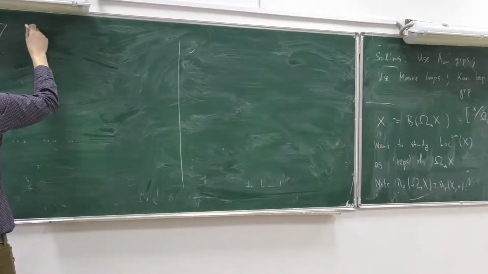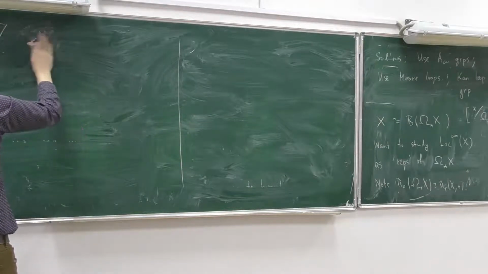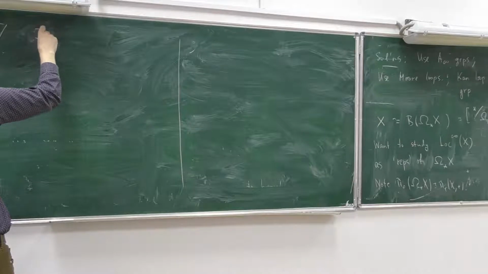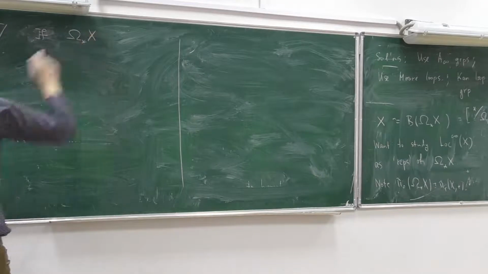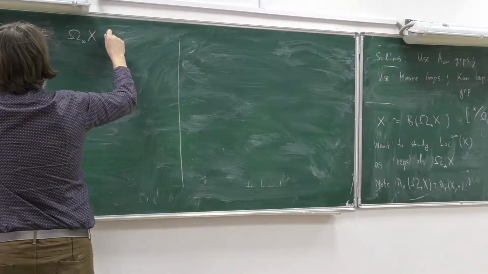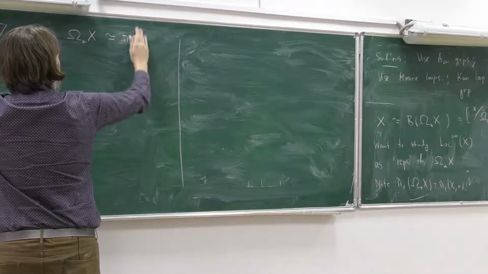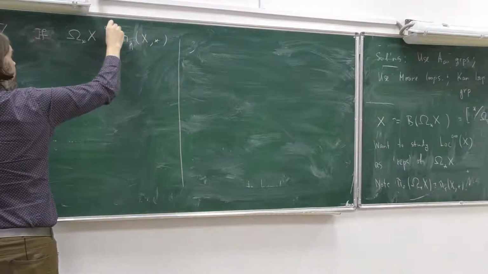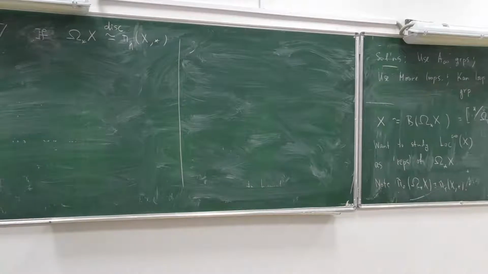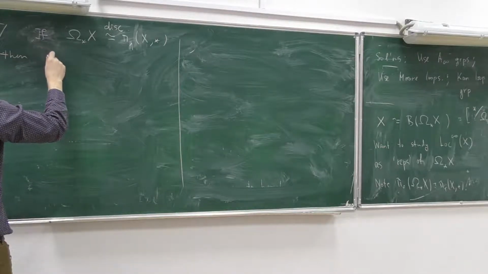Right, so this game will work if this is discrete. This is exactly the case when this thing is homotopy discrete. Then we didn't need the warning.